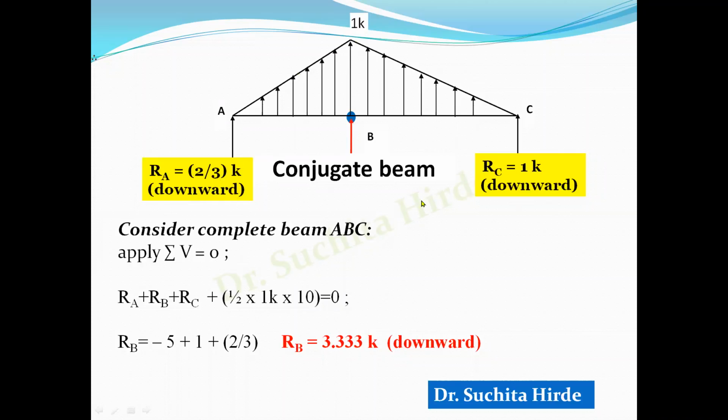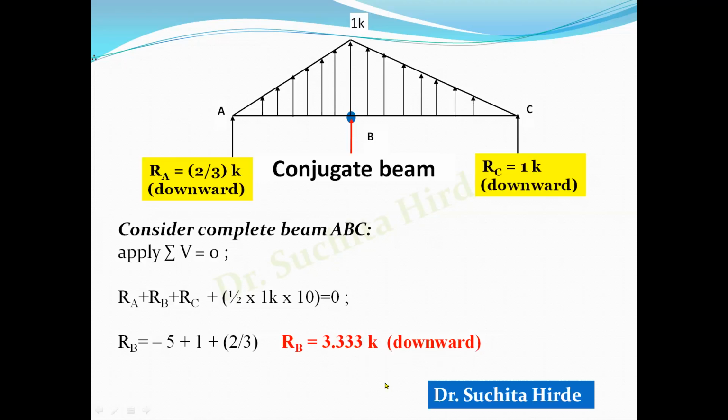Consider this complete beam, and if you apply RA plus RB plus RC plus the area of this complete diagram, that is half 1K into 10 meter, you will get RB is equal to 3.333 K, which will be negative, and therefore negative means downward. So this is how to calculate the reactions at the support of the conjugate beam.